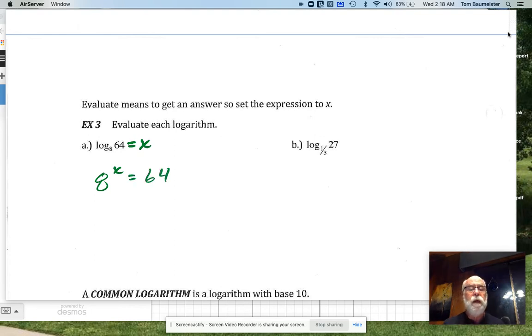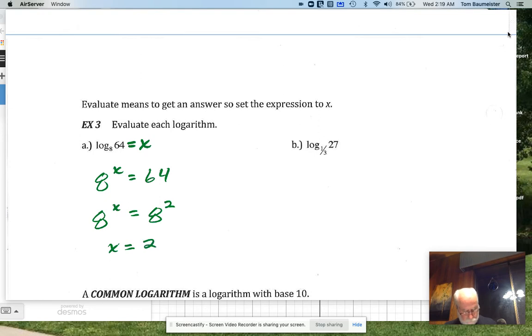So now, think about 64. How can I write that in terms of 8? Well, isn't 64 just 8 times 8, or 8 squared? So again, same thing here. If the bases are the same and they're on opposite sides of the equal sign, we know that the exponents have to be equal. So we can say, in this case, that x is equal to 2.